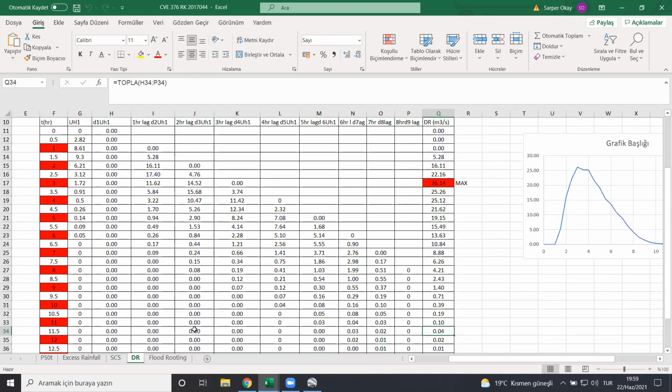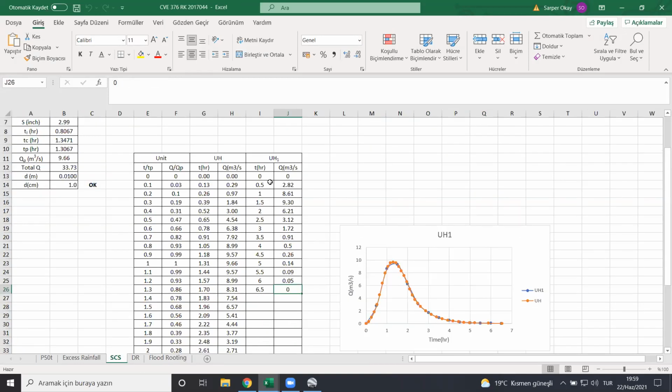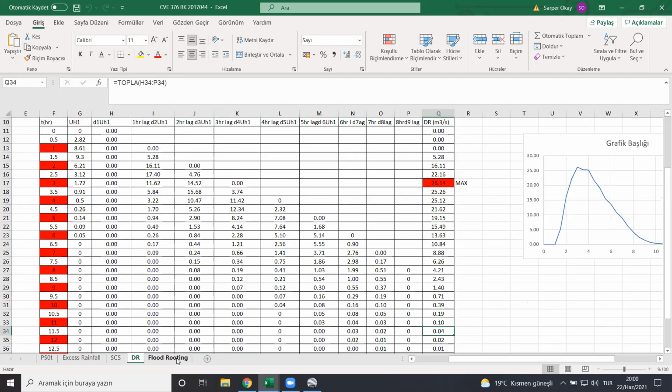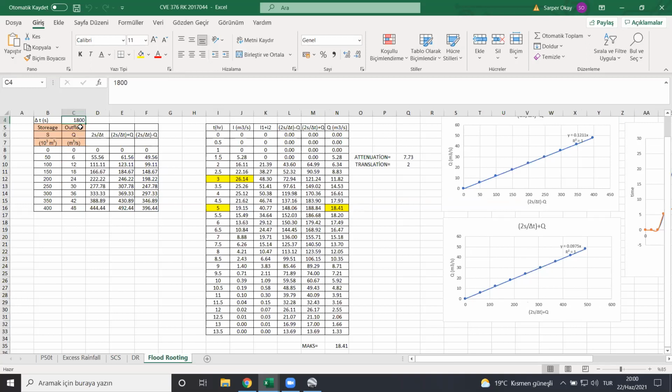Why? Because here we use a 0.5 hour increment. If you were using a 1 hour increment, how many seconds are there in an hour? It should be 3,600. But since this one used a half hour increment, it has 1,800 seconds.